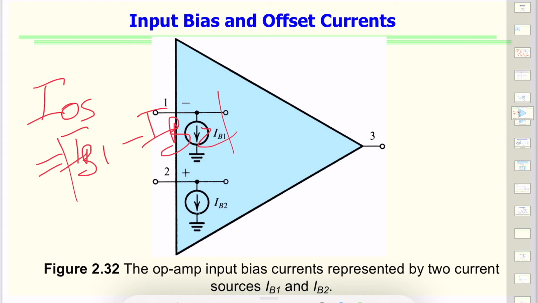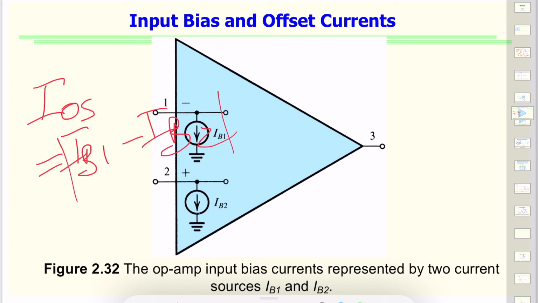The spec sheets give you the input bias current. It can be a few nanoamps to hundreds of nanoamps, and they also take care of the imperfections associated with that.